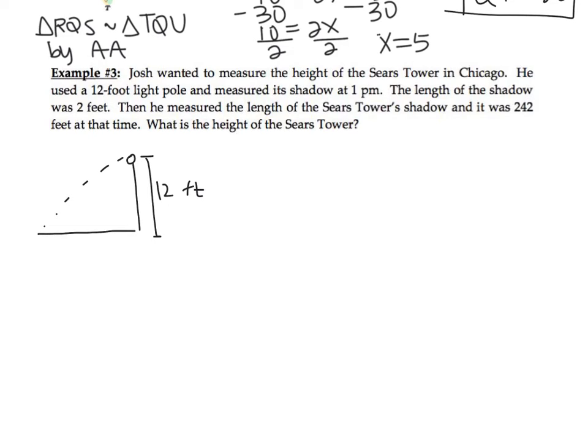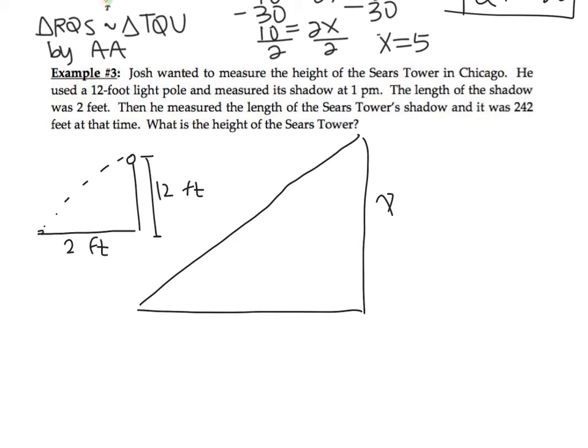And then the distance from that base of the light pole to that point was 2 feet. Now we have the Sears Tower, which I'm not even going to attempt to draw. We don't know its height, x, but we know the length of its shadow at the same time was 242 feet.